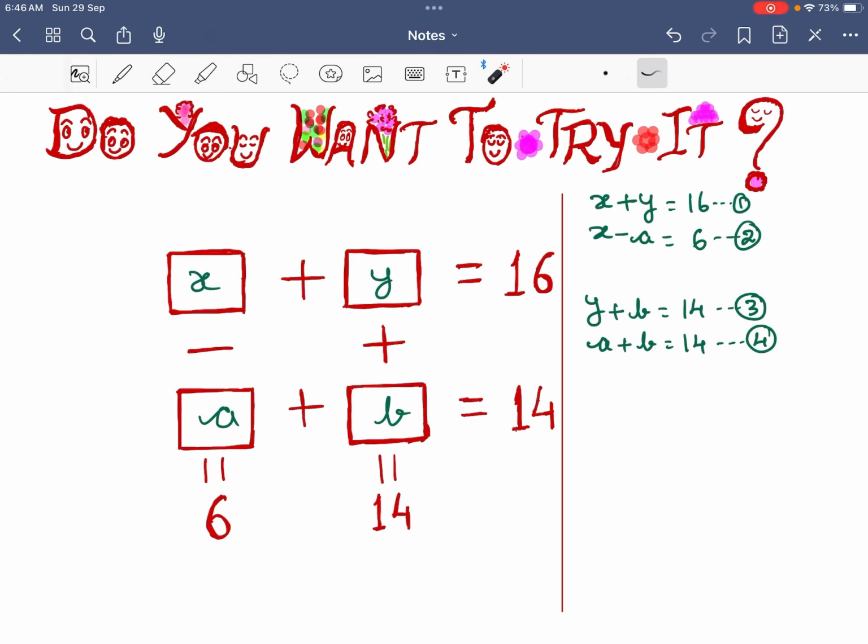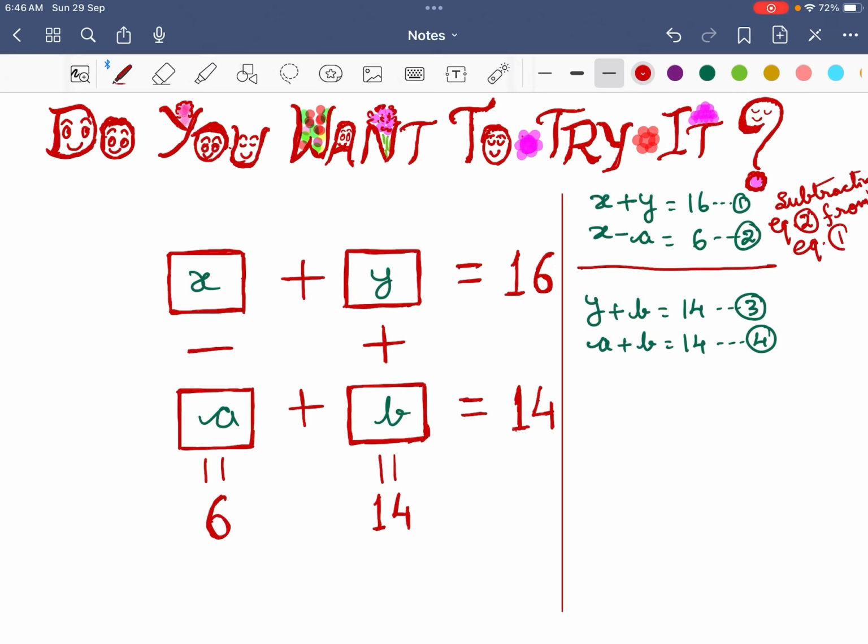And now here see, subtracting. We are subtracting equation 2 from equation 1.